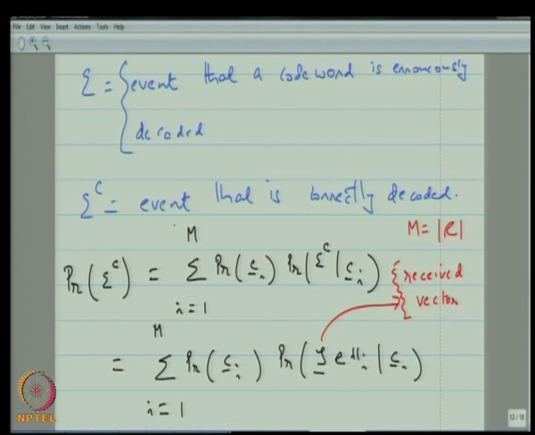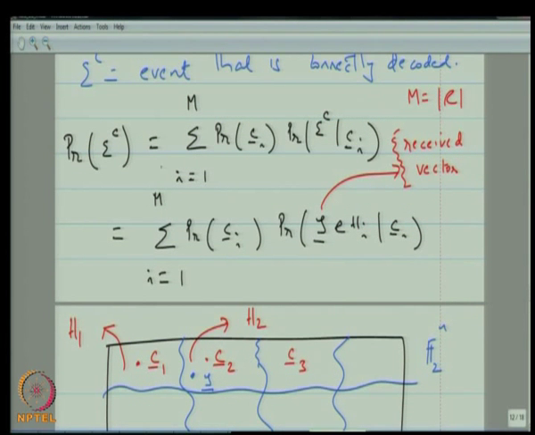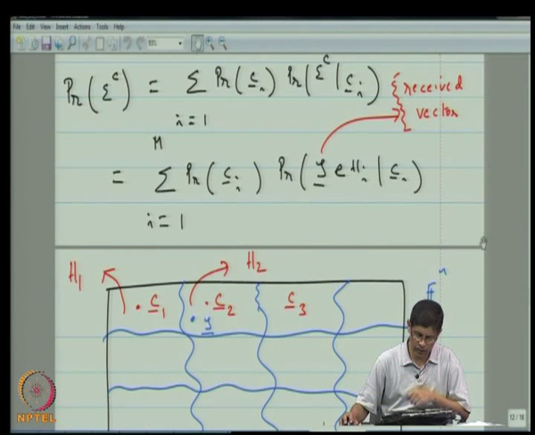This was for the binary symmetric channel, and we wrote down an expression for the probability that the code word is correctly decoded, and we set about trying to design the decoder in such a way that this probability is actually minimized. We found out that the decoder that minimizes this quantity is a maximum likelihood decoder. That is, for any given vector y, it chooses that code word such that this corresponding conditional probability function is the largest. So, it is called maximum likelihood decoder.